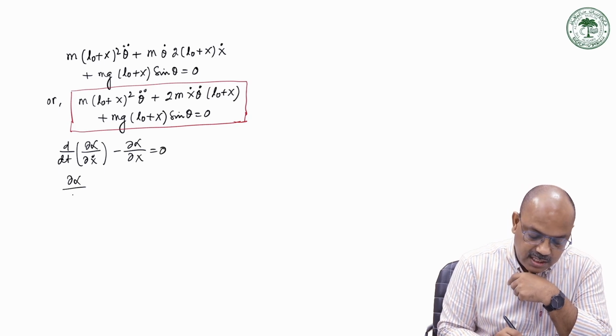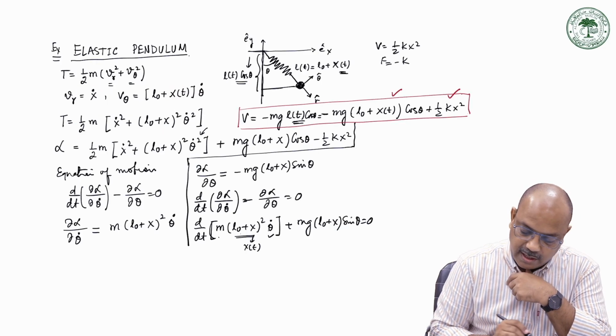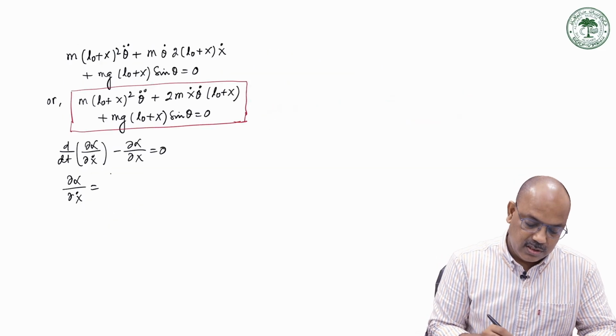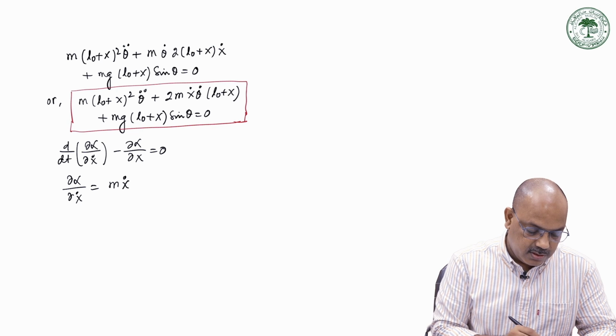So if I take delta L by delta x dot, what I'm going to have is m x dot, nothing else.